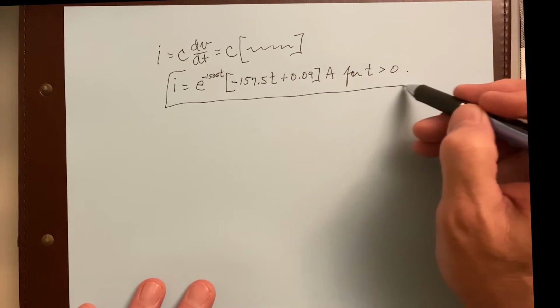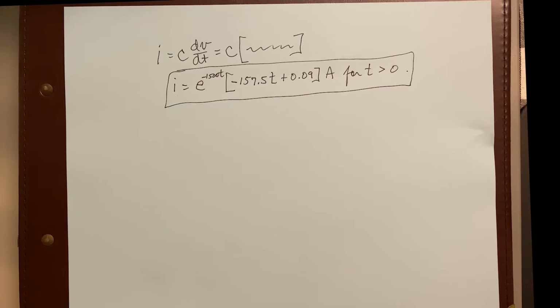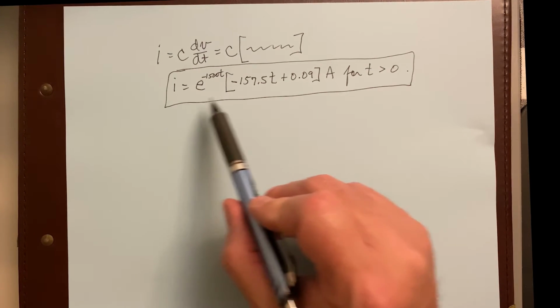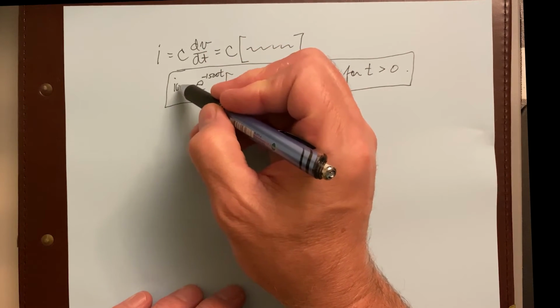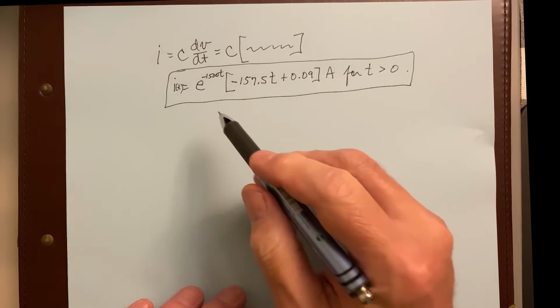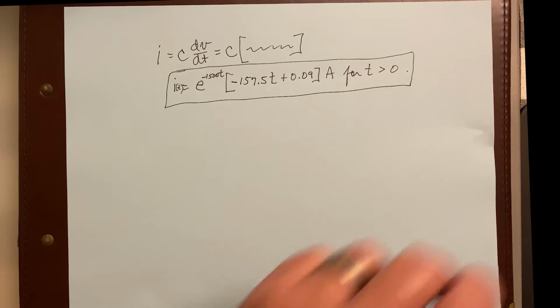So I left out a lot of steps there, but nevertheless, you get the idea. This is our I as a function of time, so this is our I of t. And we've got our A1 and our A2 back here. So we've done everything that was asked for in that problem.